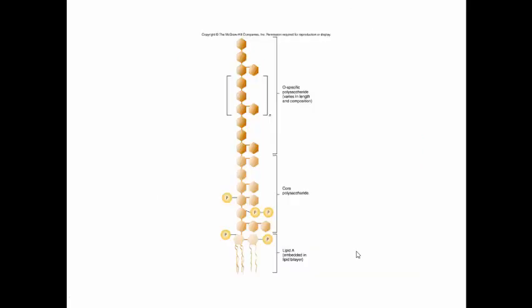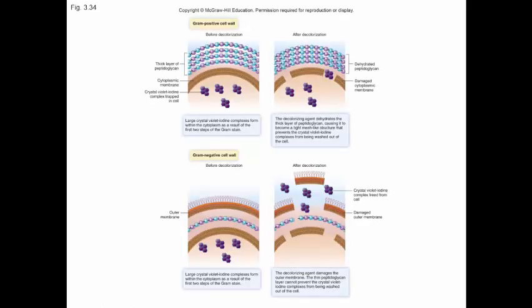Here is an up-close image of the LPS. Now we're going to talk for a second about when you go through the staining and everything else, what happens. The differences are very important. And by the way, antibacterial compounds, well, this gets you into the structure.